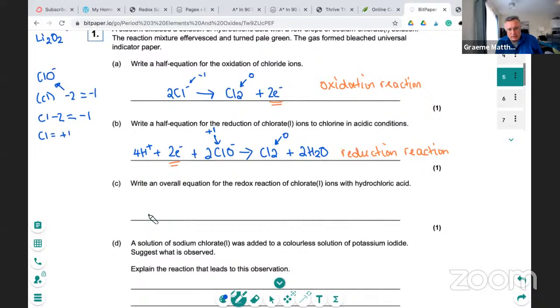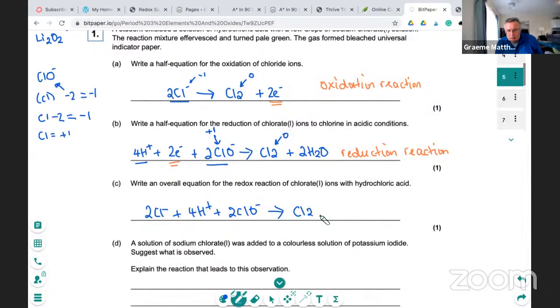All right, so 2Cl minus here. I'm just adding them together, right? So I've got 2Cl minus like this, and 4H plus like this. The electrons cancel out on the right and left. And I've got 2ClO minus like this. So 2Cl minus, 4H plus, 2ClO minus, arrow, Cl2.